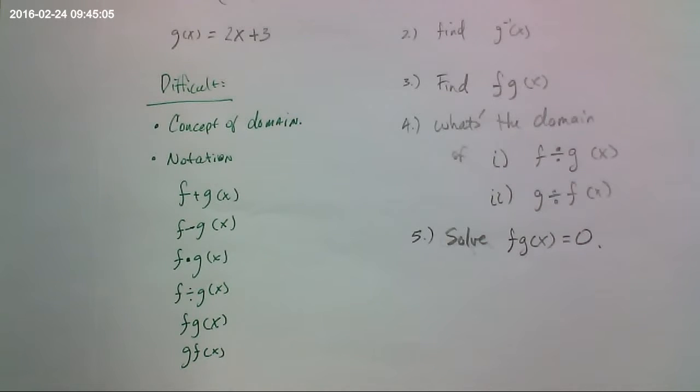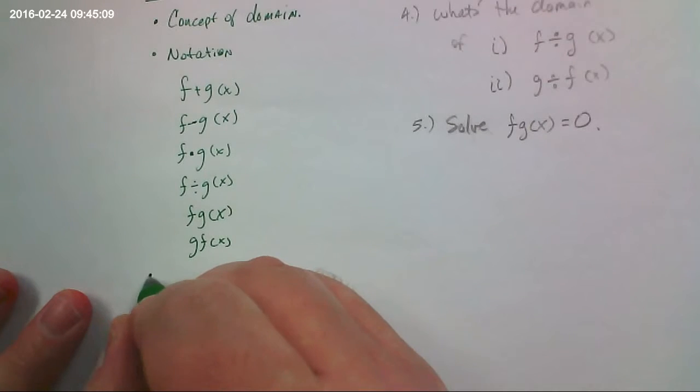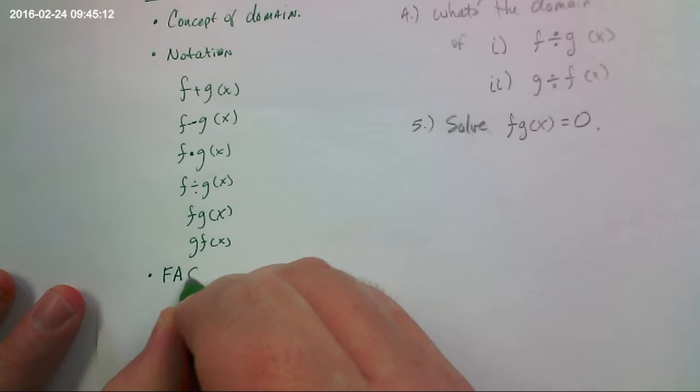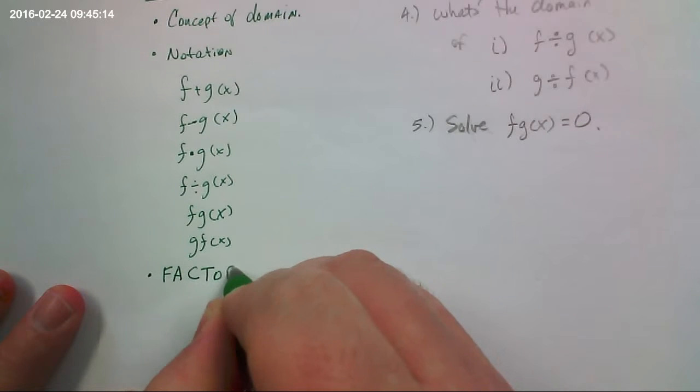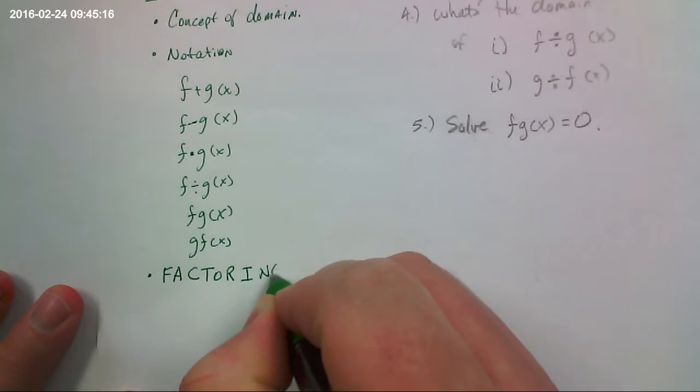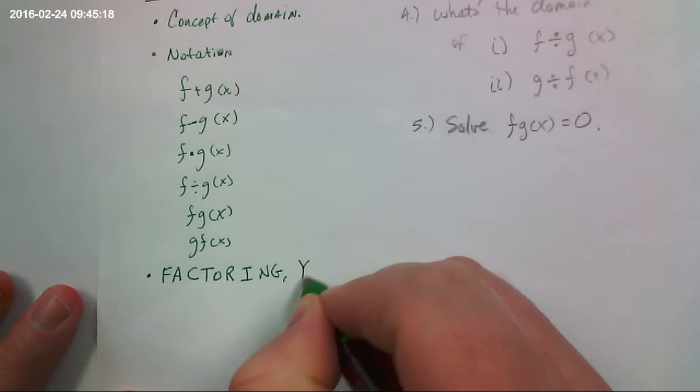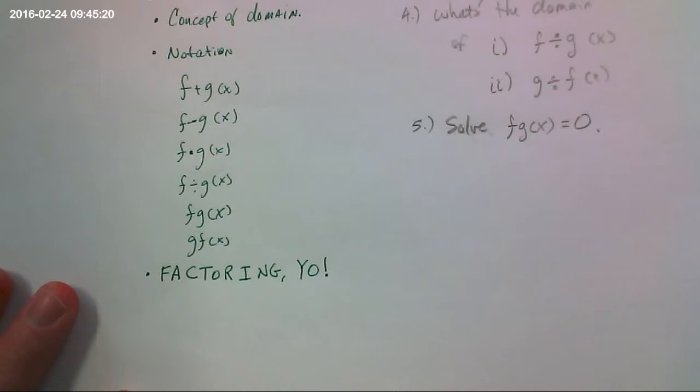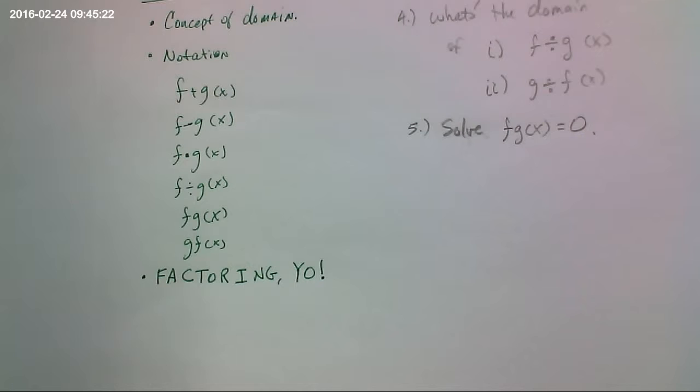Okay, Gabe, what else is tricky about all of this? Sometimes factoring. Oh, yeah. Factoring can be kind of tricky. All right. Anything else? Diego?